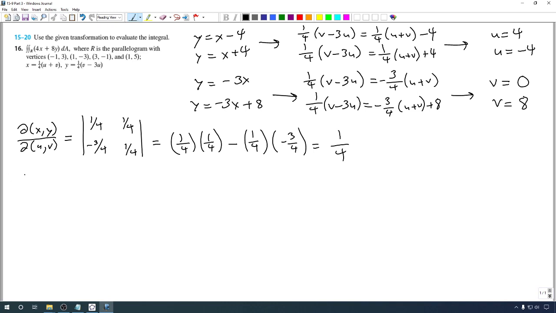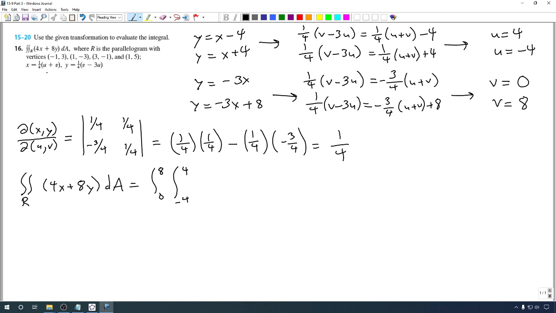That means our integral, which I'm not sure if we'll have enough space on this page, but we'll at least start it on this page. So we're going to integrate over our u's and v's. So let's go ahead and put the v values first. So we're going to have the integral from 0 to 8, integral from -4 to 4.